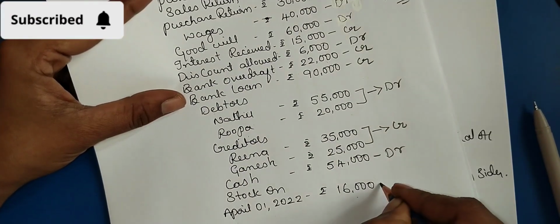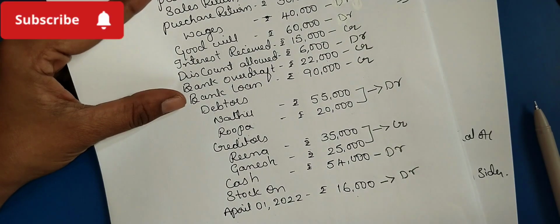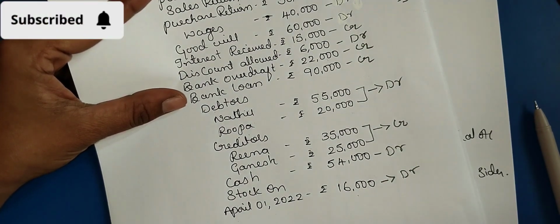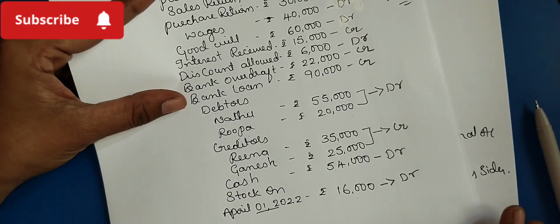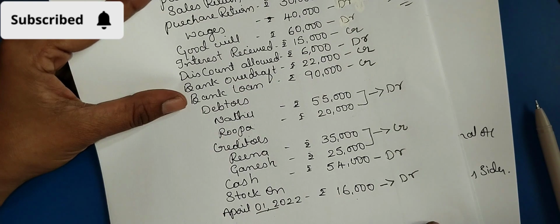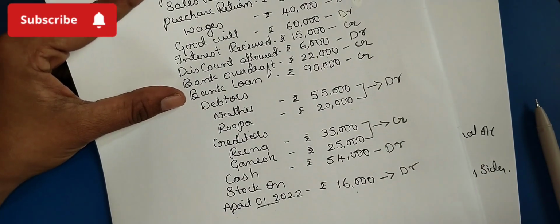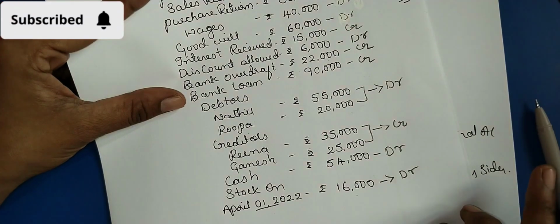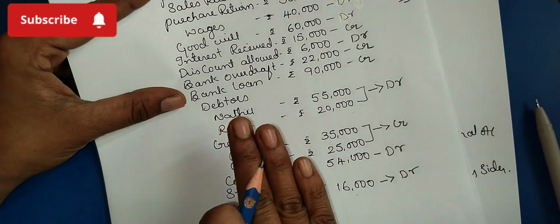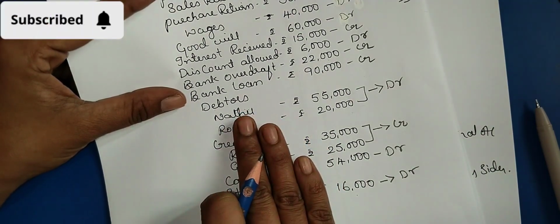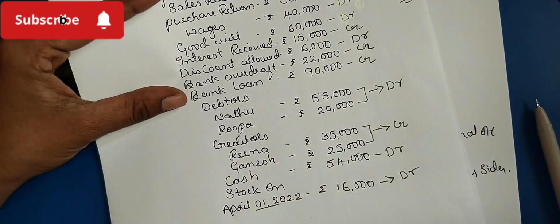Closing stock we are debiting. Okay, most of the time we won't show closing stock. This is opening stock. Closing stock in the trial balance, because that we will show it under the trading account, and 99% of the time we will show it in trading account only. If in case 1% chances are there to show it in the trial balance, we will pass an entry, purchase adjusted entry.